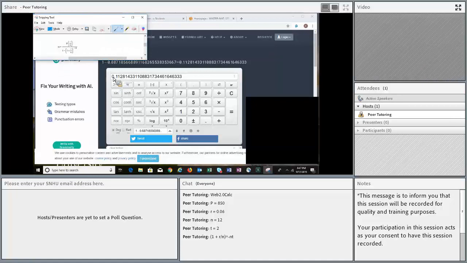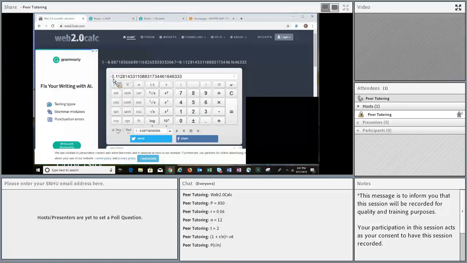Then what you can do is enter, we have P times R divided by N, so that's going to be our numerator. So I'm going to put all of that information here. So 850 times the rate, which is 0.06, and then divided by N, which is 12, and all of that divided by the number that we got for the denominator.